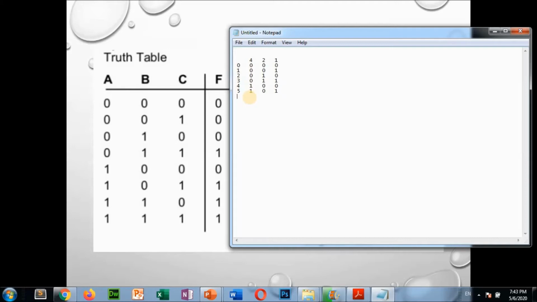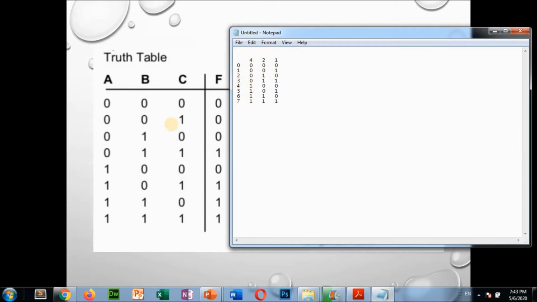Now suppose you have to get 6. How will you get 6? 4 plus 2, 6. So here 4 is needed, and 2 is needed, and this is 0. Clear? 6. After that 7. For 7, 4 plus 2 plus 1, 6 plus 1, 7. So here 1, 1, 1.